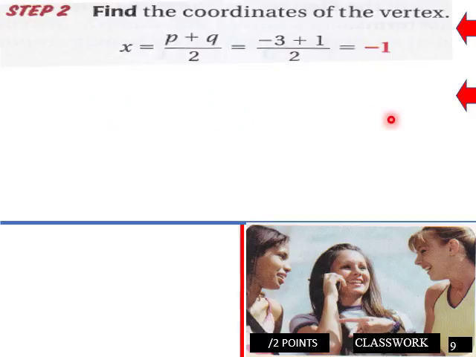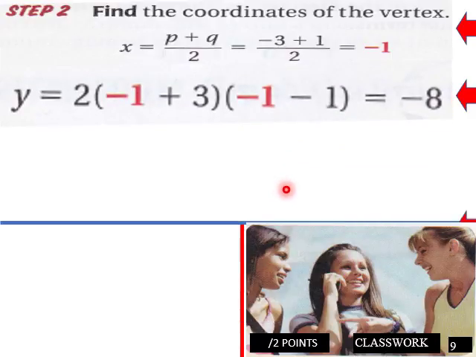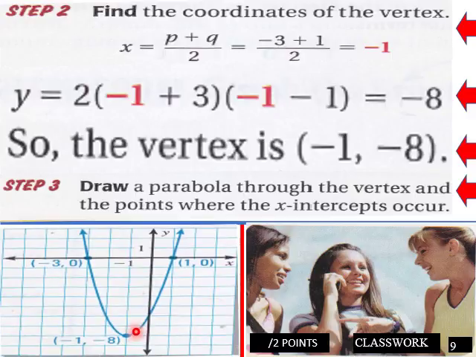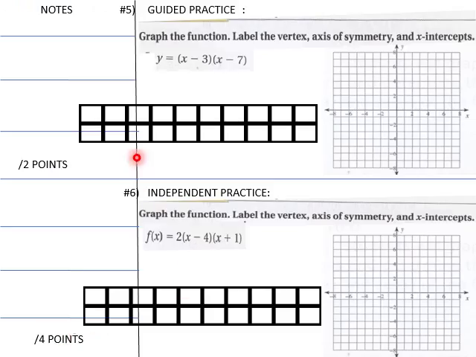We plug that back in to find our y value, and it would be -8. So when x equals -1, y equals -8, that would be your vertex. This would be the graph of the vertex of this quadratic. Here are your x-intercepts, here's your vertex. Okay, so graph this function, label vertex, axis of symmetry, and the x-intercepts. It's already in intercept form. Same thing down here for you students.